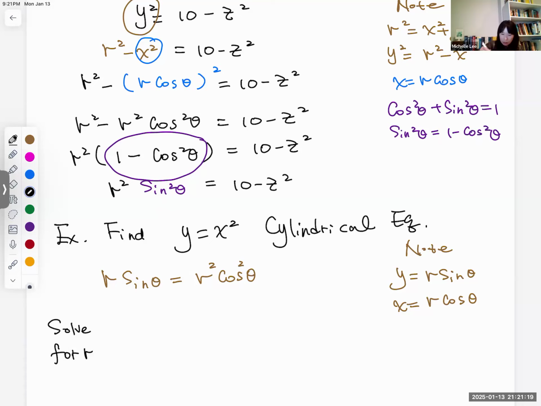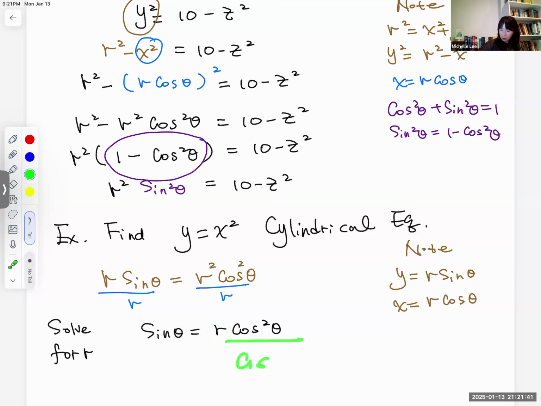Now we divide by r on both sides. So we get sine theta equals r cosine squared theta, right? Then we divide by cosine squared theta on both sides.